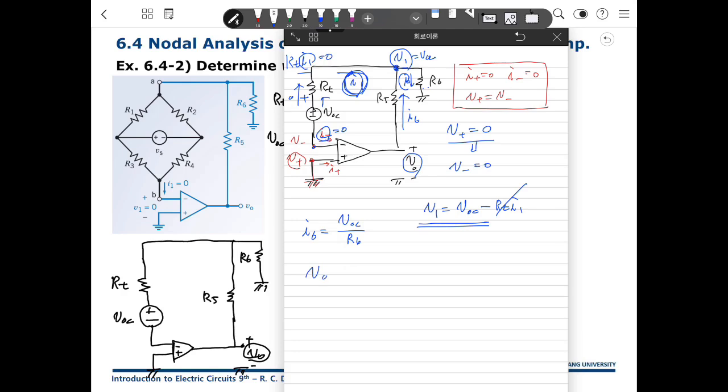So the relationship for Vout is V1 plus R5 I6.